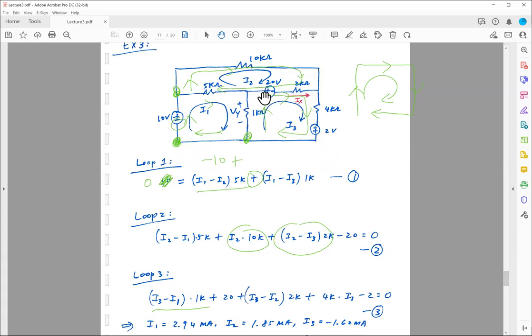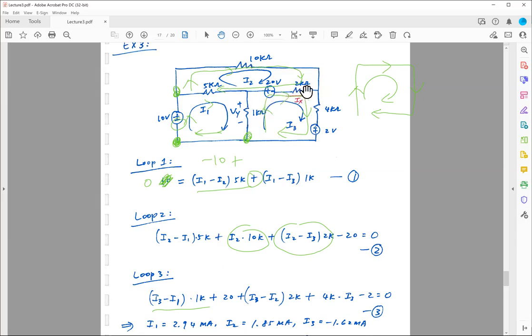Plus summation, right? 20, because I see the plus sign first, so 20. Plus 2K times I3 minus I2. Again, I3 is more dominant than I2 because I'm operating on the I3 loop. Plus 4K times I3. Now, this one is easy because 4K is not shared between I2 and I3.